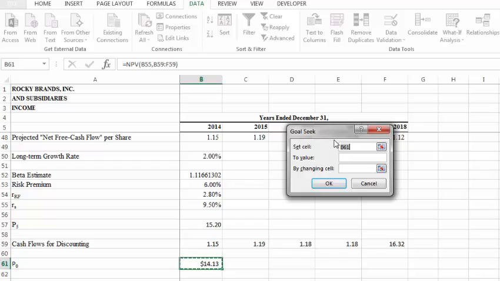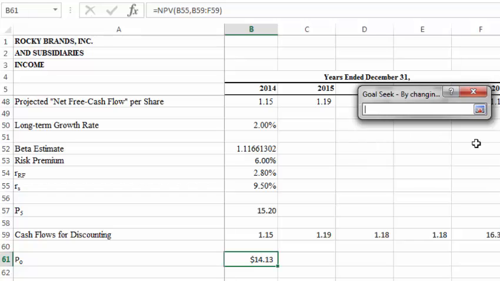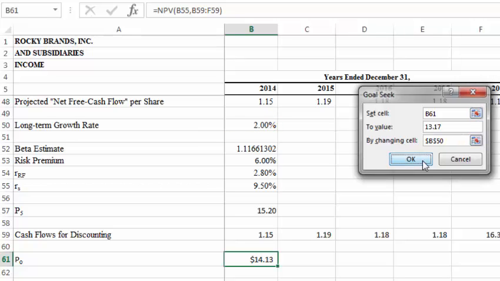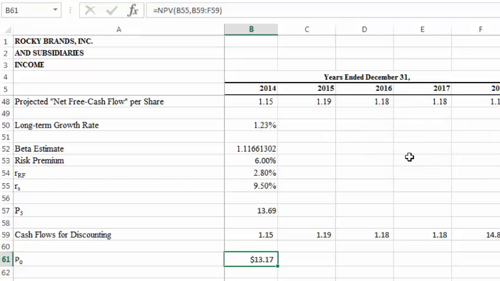I'm going to set the cell I'm on, which is the price, to my $13.17 that I just saw by changing the long-term growth rate, because I'm around 2%, but it could be higher or lower. This one's going to bring it down just a smidge. So I'm going to now say OK, and it brought it down to 1.23%. So I'm going to say OK. And now I have a consistent estimate.